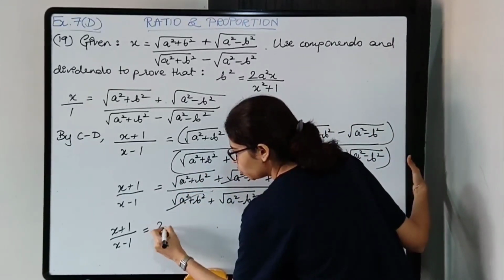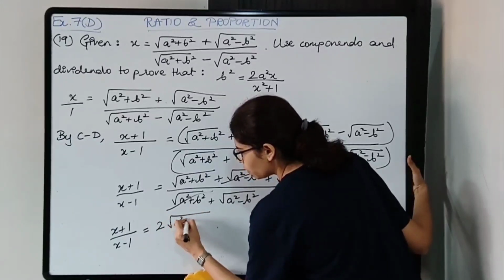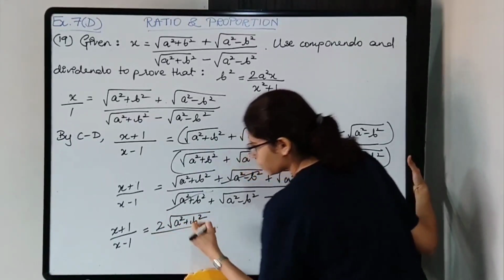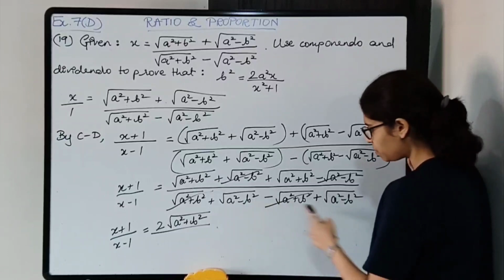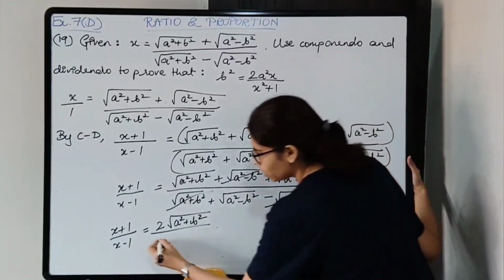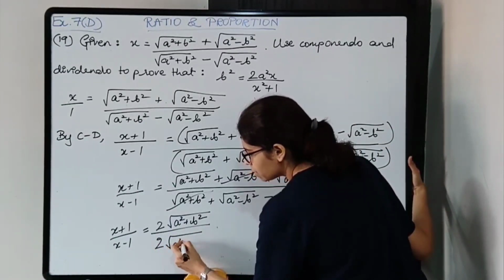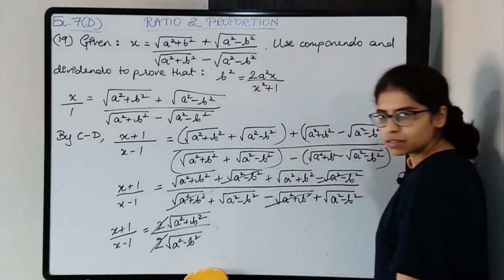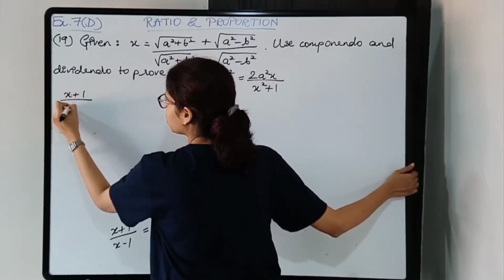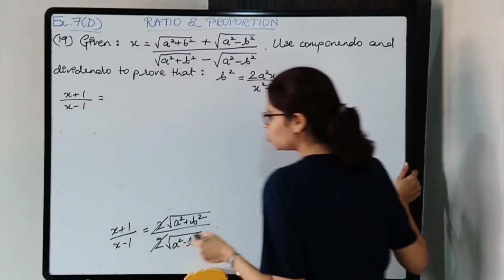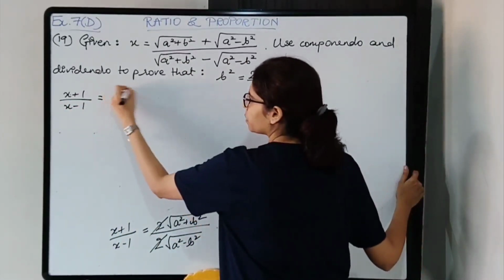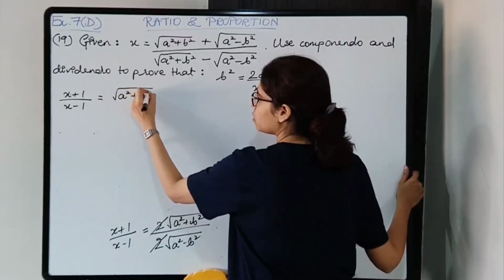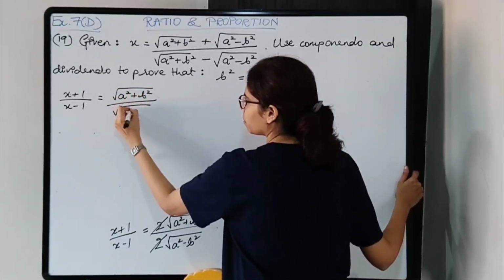So 2 root of a square plus b square, and over here root of a square minus b square plus root of a square minus b square, so 2 root of a square minus b square. 2 gets cancelled. So x plus 1 upon x minus 1 is equal to root of a square plus b square upon root of a square minus b square.